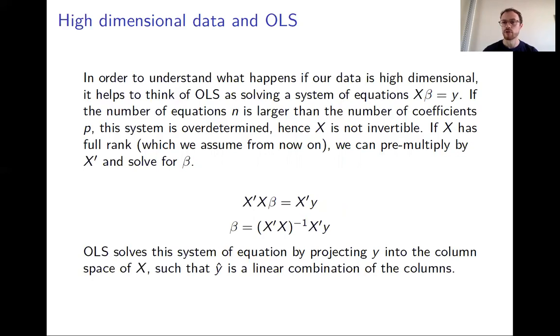The problem then is, of course, that X is not invertible, so we cannot solve this system by simply inverting X. However, if X has full rank, which means that all the variables are linearly independent, we can pre-multiply this system of equations by X prime, and X prime X is invertible if it has full rank, so we can then pre-multiply from the left by the inverse of X prime X, and this leaves us with the familiar expression for beta, which is X prime X inverse times X prime y.